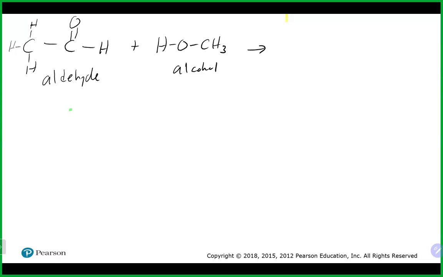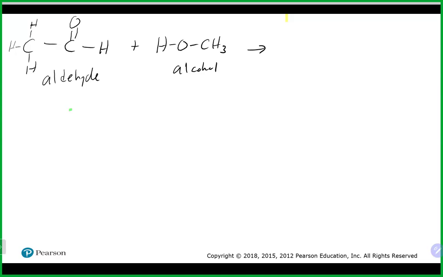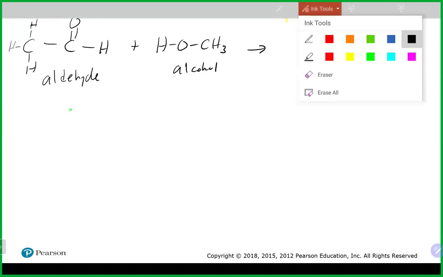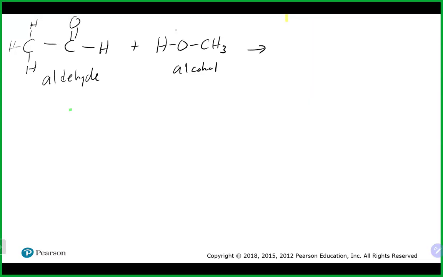The alcohol will basically add on as a two-parter, if you will. It's going to be this oxygen carbon group, and the second part of it will be a hydrogen. So this is going to add as H plus and negative oxygen with one carbon.